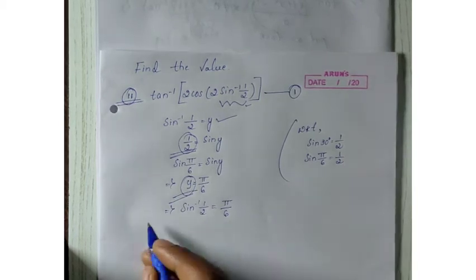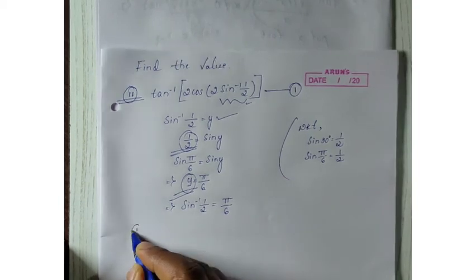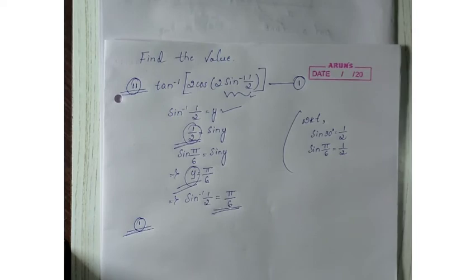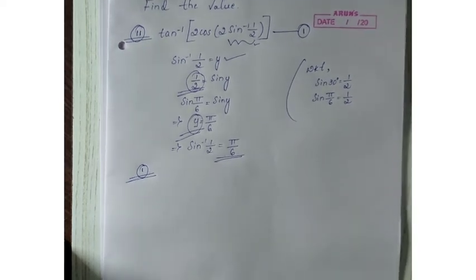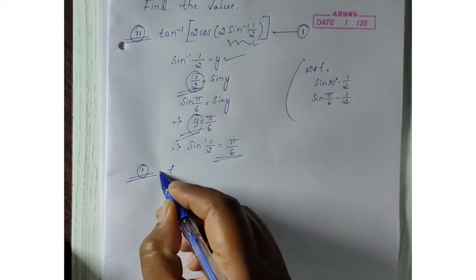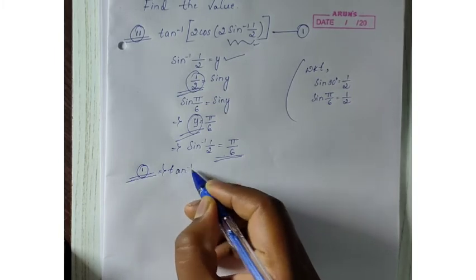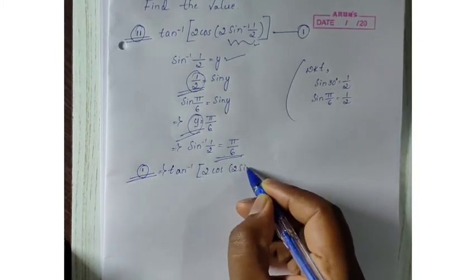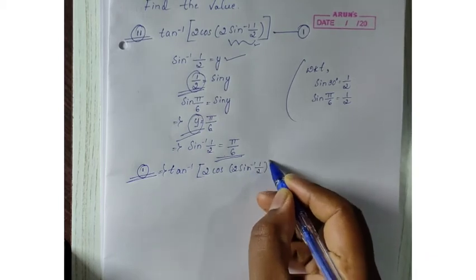Fine. Now, let us use this in equation number 1. So, what is equation number 1? Tan inverse 2 cos 2 sin inverse 1 by 2, right?